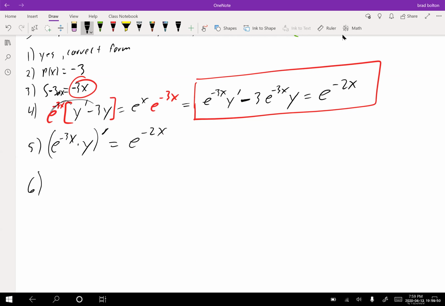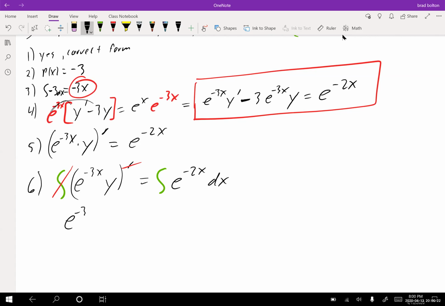So in step 6 now, I'm going to integrate e to the negative 3x y prime equals the integral of e to the negative 2x dx. Now, we learned that integration and differentiation are inverse operations of each other. That's what the fundamental theorem of calculus was talking about, part 1.